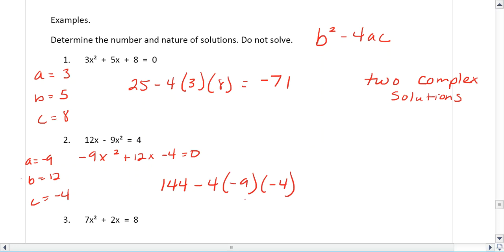And if you multiply this out, we get 144 minus 144. Therefore, the discriminant is 0. And when the discriminant is 0, we only have one solution, and it is rational. So I'm just going to write one rational solution.